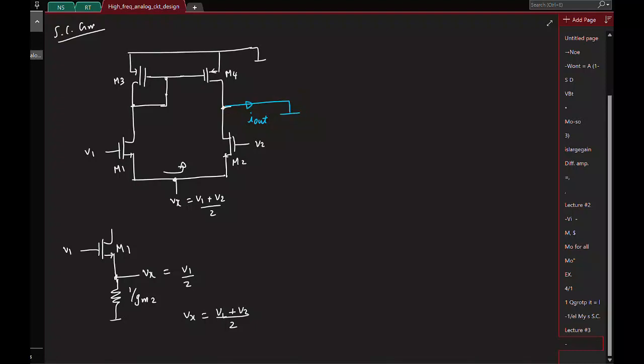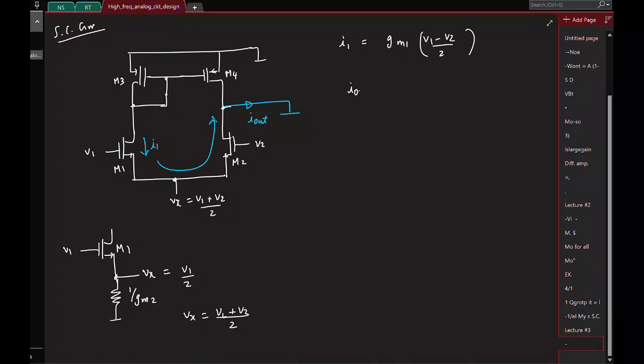So which means now we know the source voltage here, so I can find the incremental current. If I call this current I1, what is I1? It is Gm times the gate to source voltage. Gm1 times V1 minus Vx, so this is just Gm1 times (V1 minus V2) by 2. So this current obviously cannot flow down, it's an open circuit. So the only path it has is to flow up like this, and it is a short circuit.